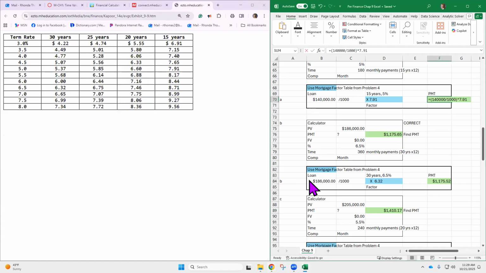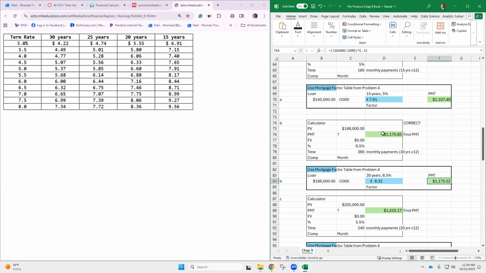Now we're going to use that table. We take the loan, which is $186,000, divide it by 1,000, then we find that factor of 30 years at 6.5%, which is 6.32. And when you do the math right here, 186,000 divided by 1,000 times 6.32, you get a very close payment of $1,175.52.